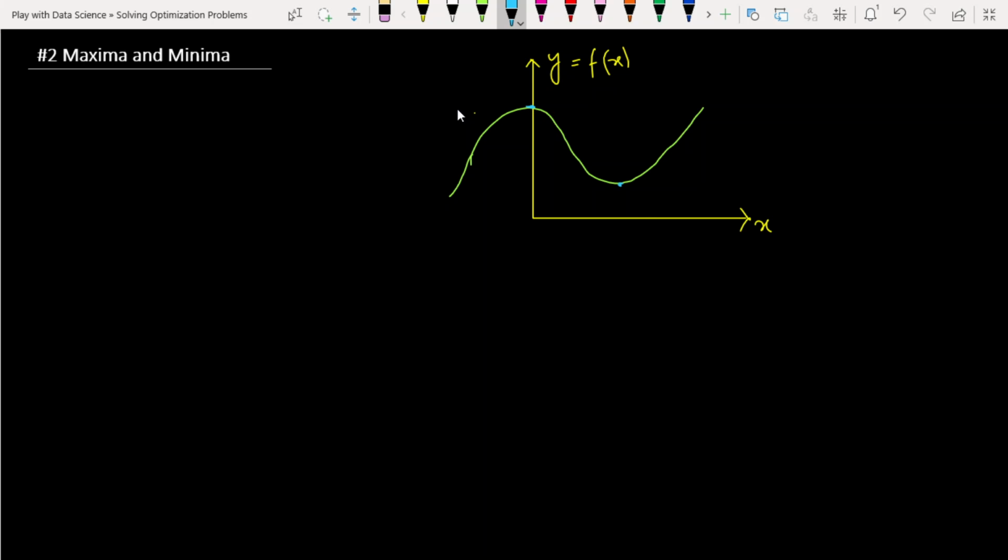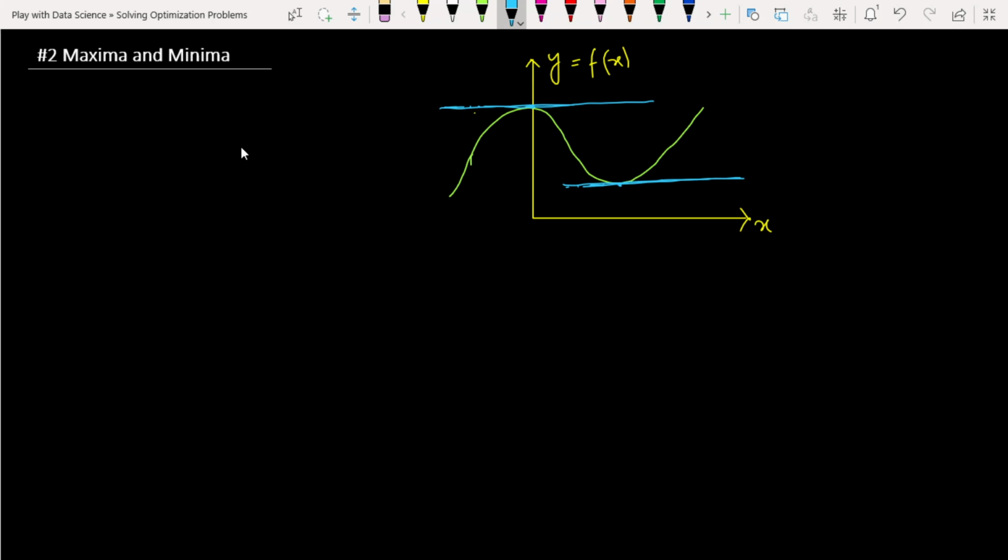Just see the tangent at the maximum and minimum points. What will be the tangent? The tangent will be that. And what will be the tangent at the minimum value? The tangent will be that. In both the maximum and minimum cases, the tangent is parallel to our x-axis, so the value of the tangent at those points will be 0.